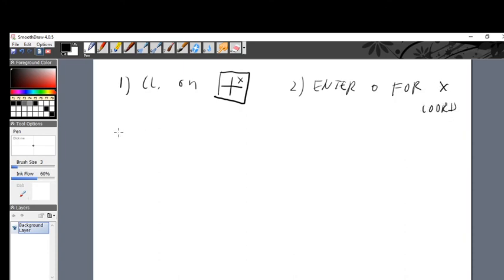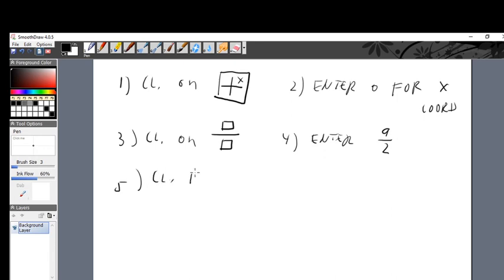Number 3, click on this icon in Alex. Number 4, enter the numbers 9 over 2. Number 5, click plot a point. You'll see those words, plot a point.